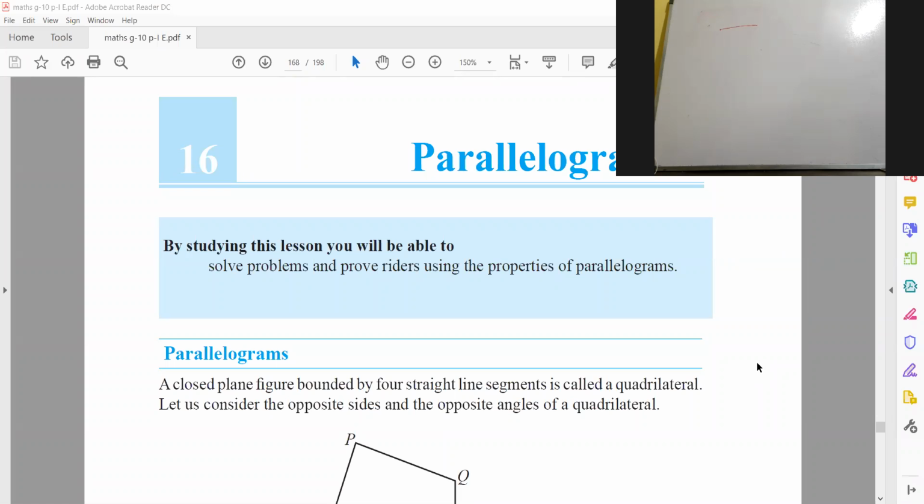Yeah, it's clear. Okay. Now, a quadrilateral is a closed plane figure with four sides, right? Now, the parallelogram is a special case of a quadrilateral.